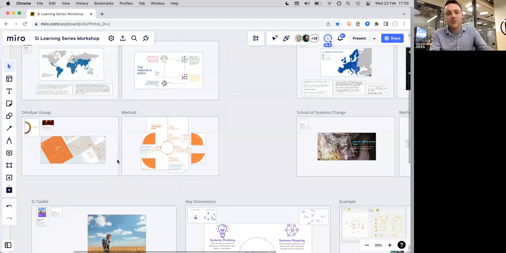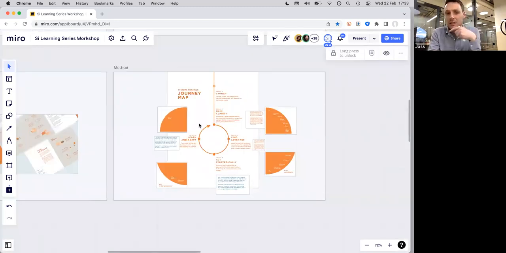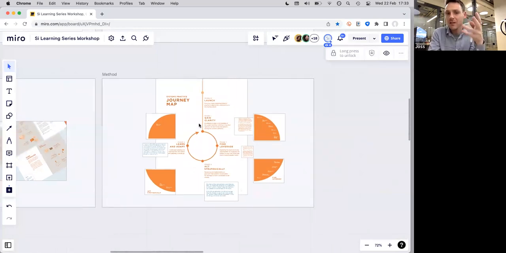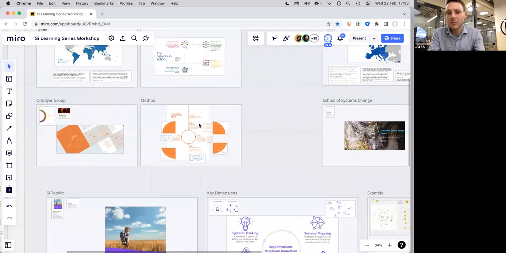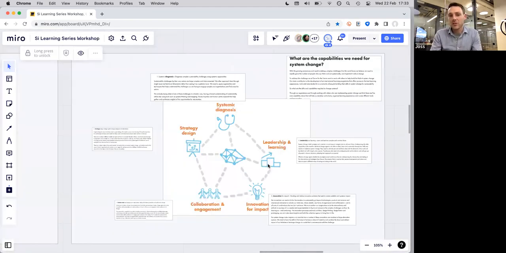This one here is quite a traditional systems change approach that any kind of organization might take. This is a non-for-profit, so that's where it's coming from. And this one here is the School of Systems Change that we'll look at, which is another general approach, and they also work a lot in the space of non-for-profits, so it's coming from there.